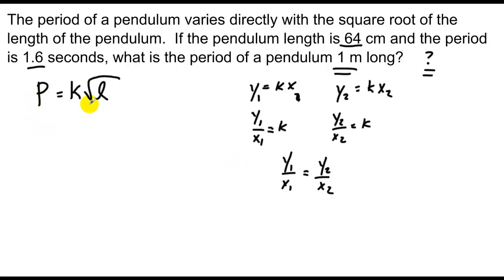So in this case I have a length of the pendulum of 64 centimeters, I'm going to put that in my denominator. And I have a period of 1.6. And that's my first case.